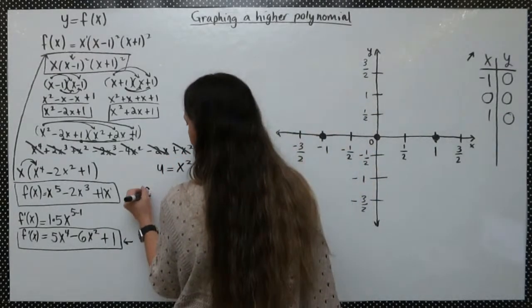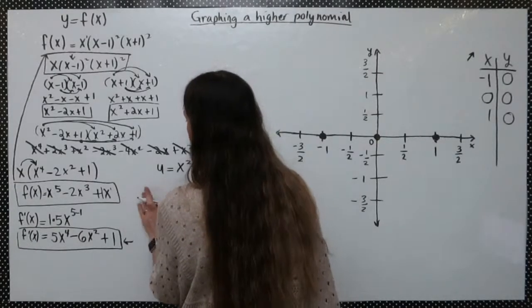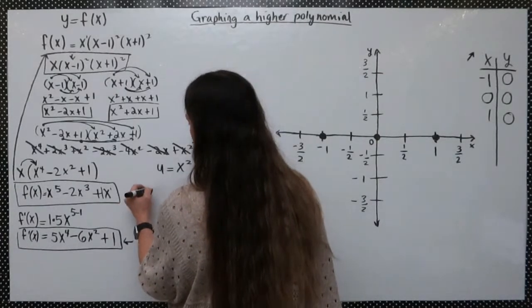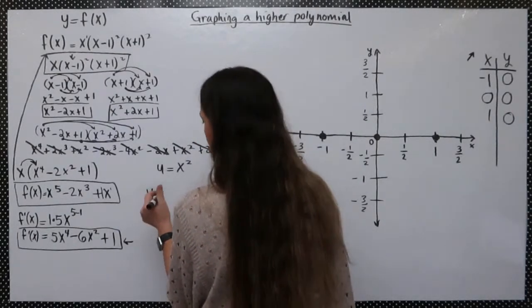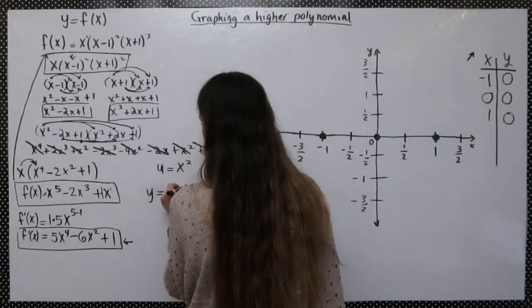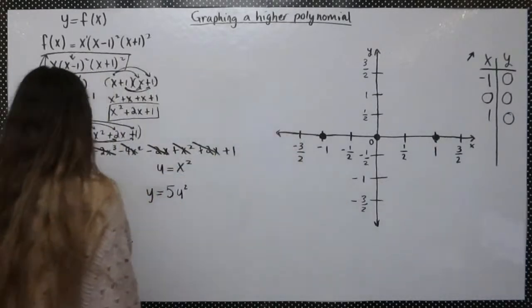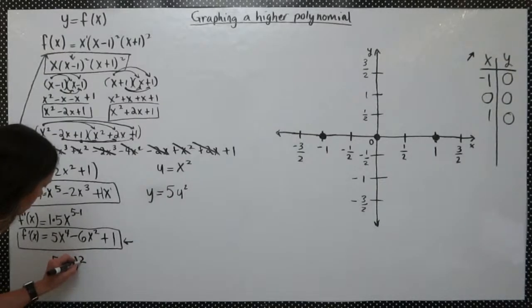So we're going to have f prime. We'll just say y. Let's use this. So y equals 5u squared, because this term can be rewritten as 5 times x squared, squared.